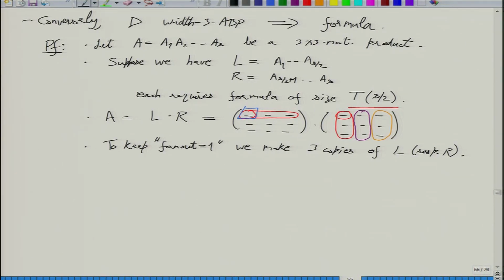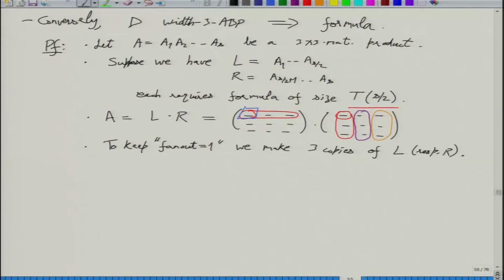So we'll have first copy of L, second copy of L, third copy of L, and whenever I want, let's say, this first entry of L, I'll use it first time from the first copy, second time from the second copy, and third time from the third copy, so that the fan out everywhere is 1. It is not being reused. So essentially every time, the computation is being redone. We are not reusing computation, we are actually repeating it, but it's only 3 times, so you have 6 of these.